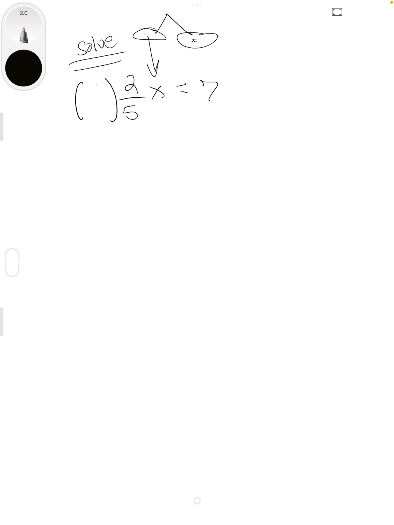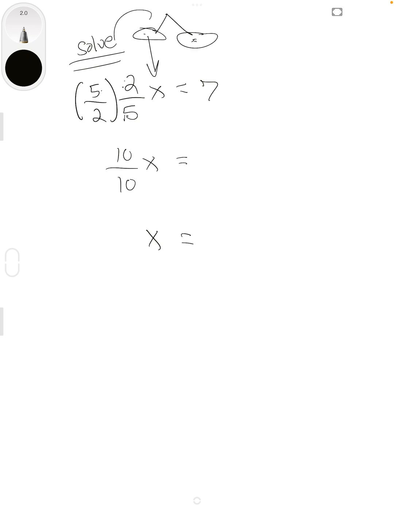Well, here's what I can do. If I multiply this times the reciprocal of this number, what's 5 times 2? It's 10. What's 2 times 5? It's 10. What's 10 over 10? It's just 1. What's 1 times x? x. And so by taking this times the reciprocal, I can get rid of it on this side.